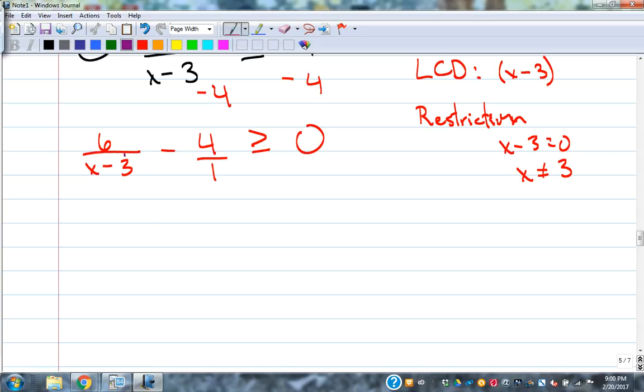What does the first fraction need? Nothing. What does the second one need? Got to be careful here because we got a minus in front of that 4. So it's like a negative 4. So this is 6 minus 4 times x minus 3.